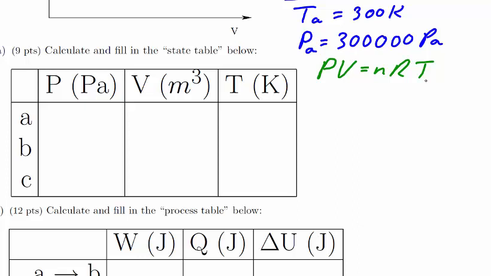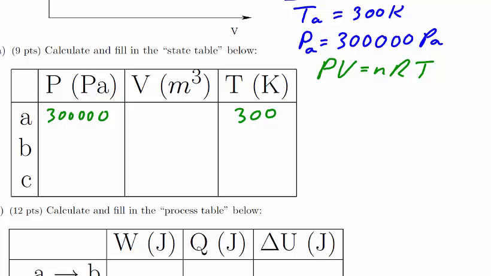Immediately we can see that for point A, we're given the temperature, 300 Kelvin, and the pressure, 300,000 pascals. What we understand is that anytime we have 2 out of 3 of these variables, as well as the number of moles, we're going to be able to solve for the third.